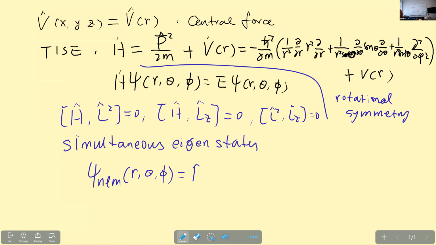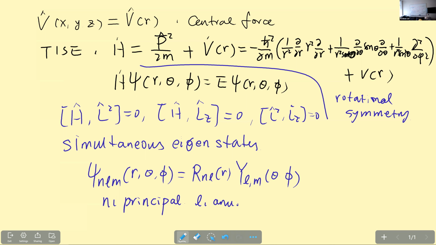So that can be written as a radial part of the function, which is a function of r, and of course has two indices, n and l, and then a spherical harmonics. Right, and this n is called the principal quantum number. And l is the angular quantum number. Okay. And m is the magnetic quantum number.